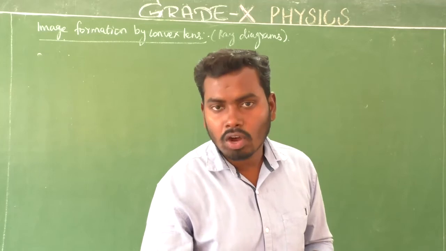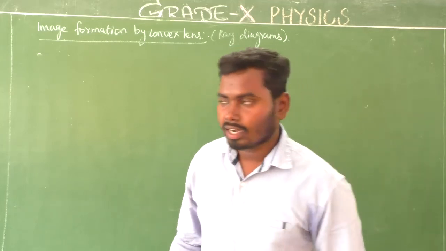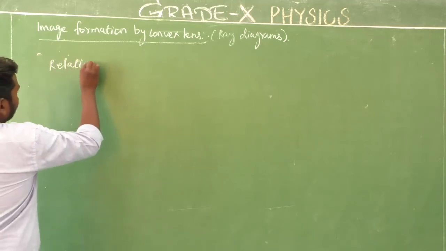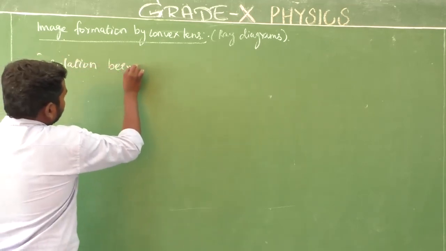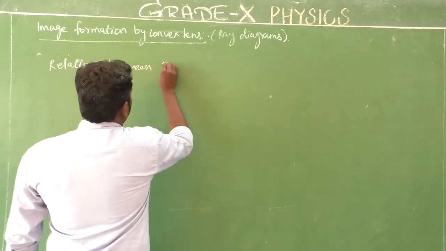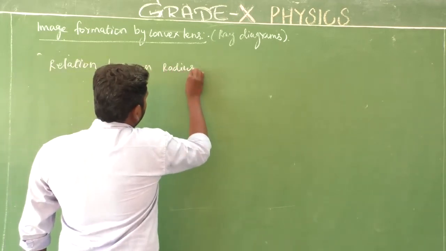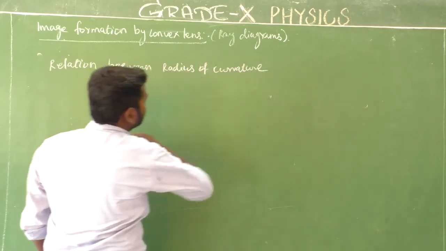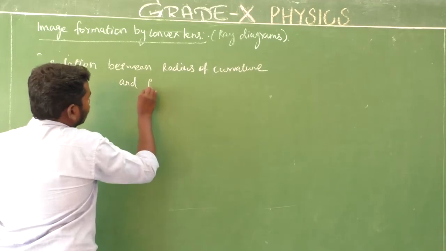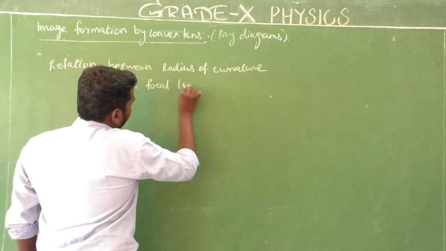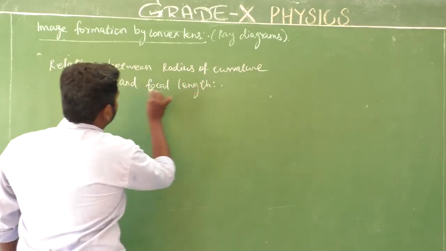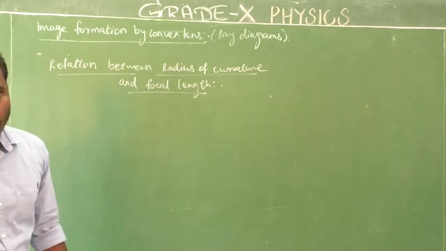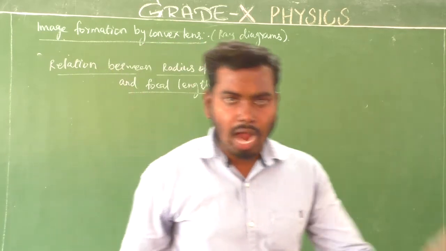Relation between radius of curvature and focal length of spherical lens. This is not only for convex lens; this is possible for concave lens also.